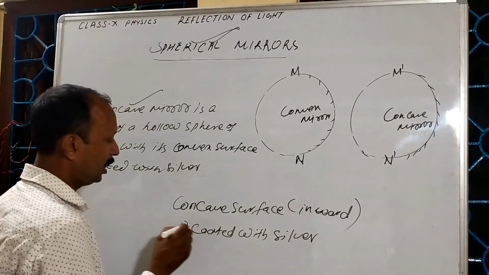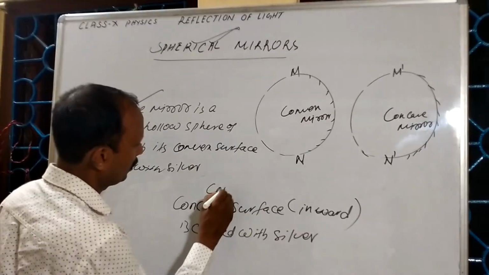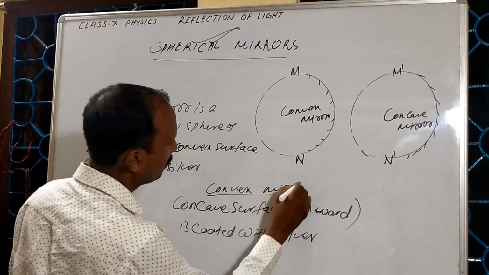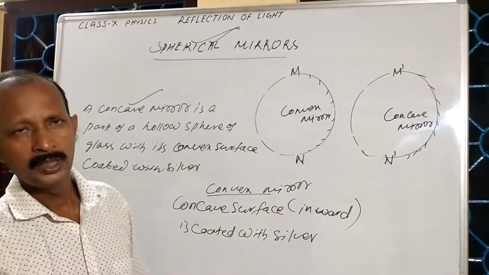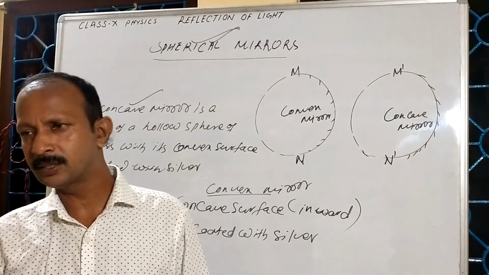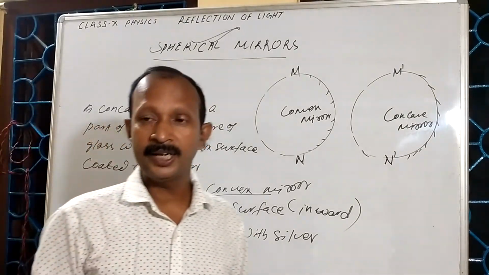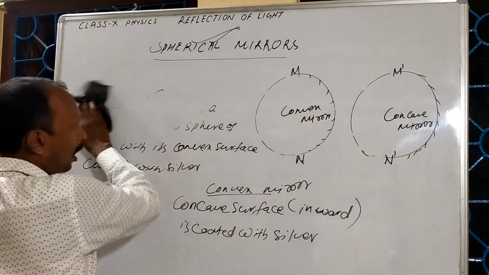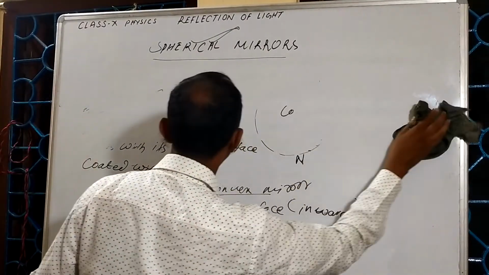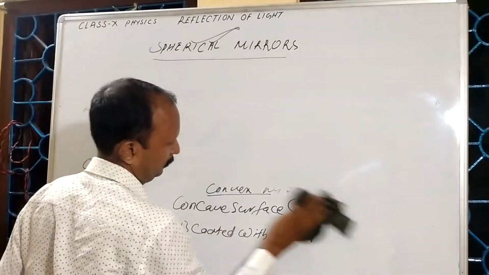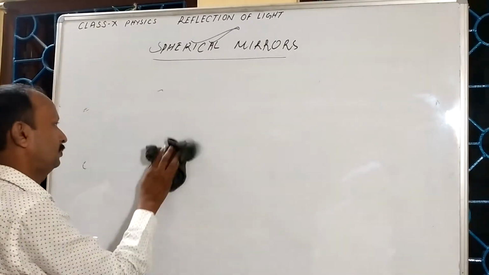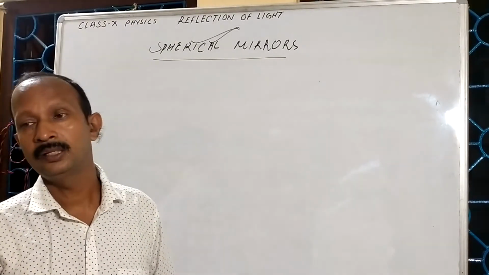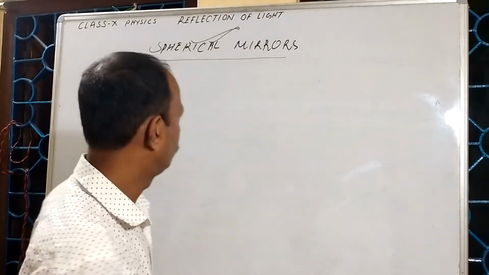Then we say that is the convex mirror. So spherical mirrors are of two types: one is the convex mirror, one is the concave mirror. Now let us discuss some of the important terms related to spherical mirrors.